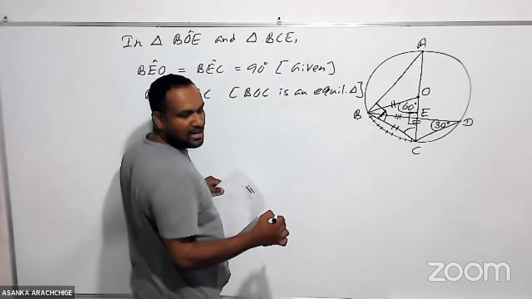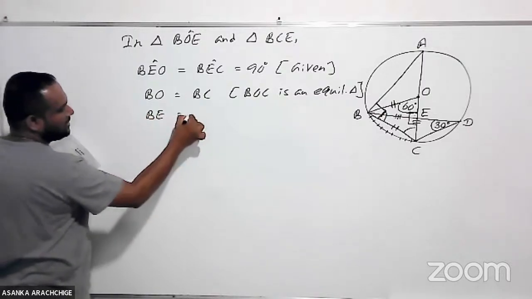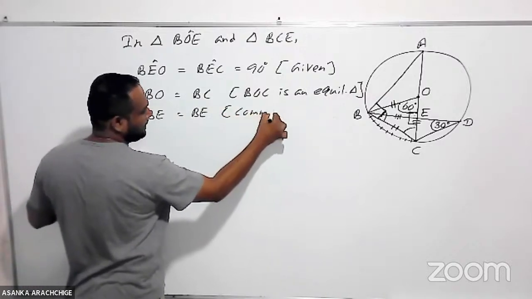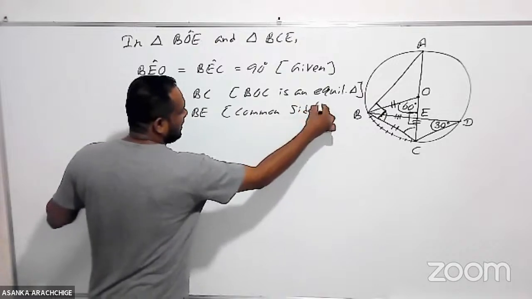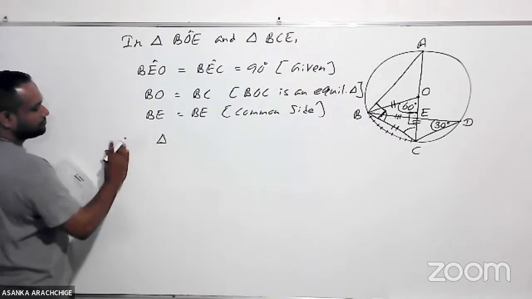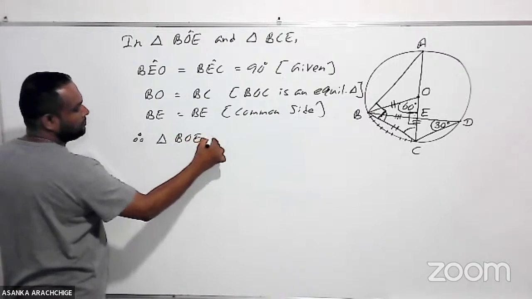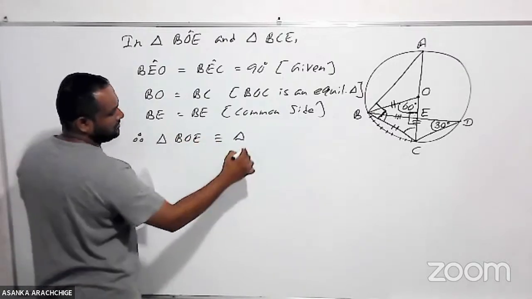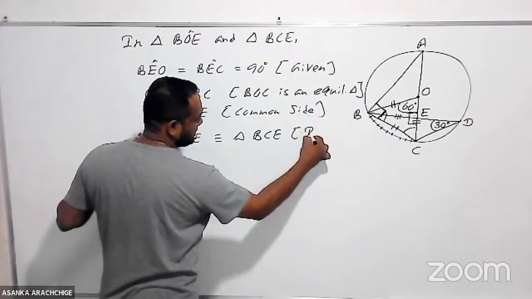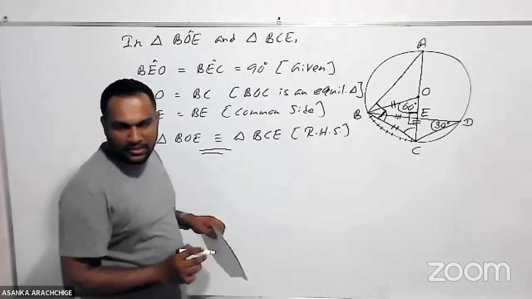Understood? Then you can say BE is equal to itself. BE, common side. And now you can say that therefore triangle BOE is congruent to the triangle BCE. The case is RHS case. RHS. Clear today?